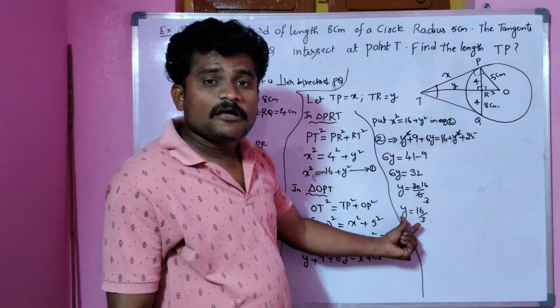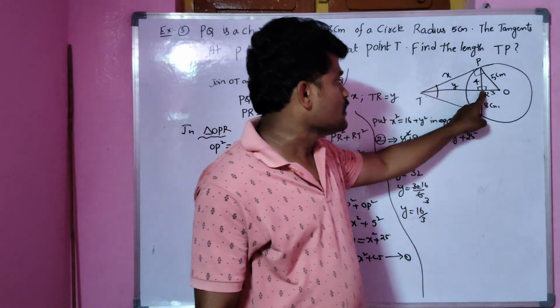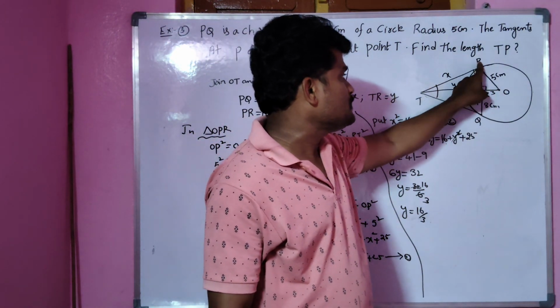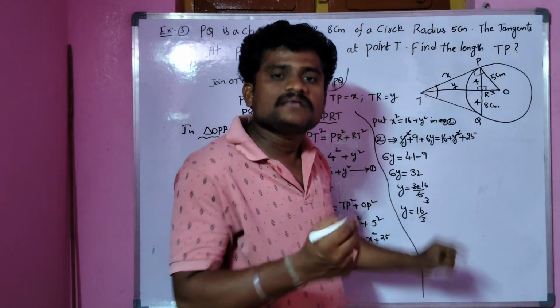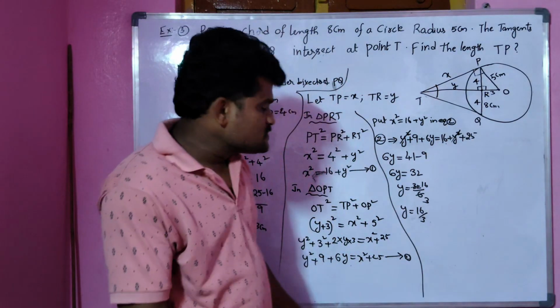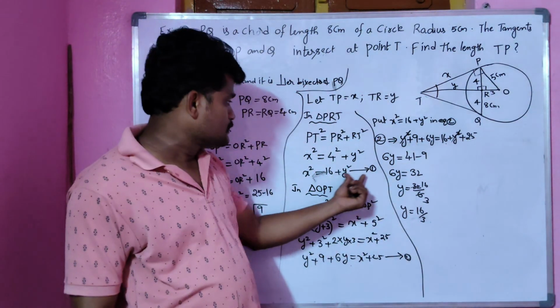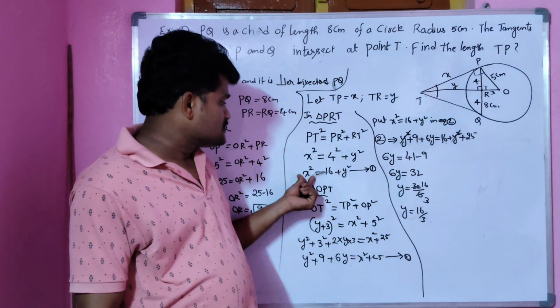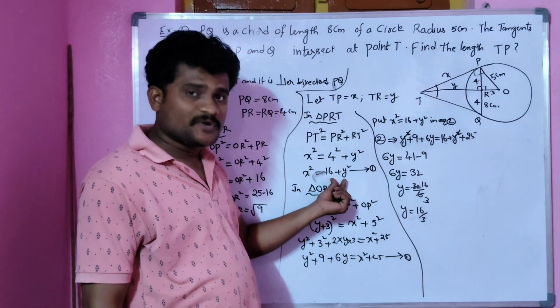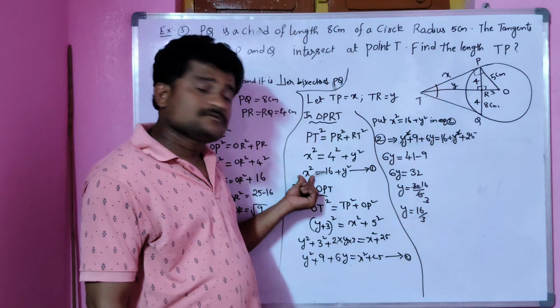What is the y value? Y value is TR value, but we need to find TP value. TP value means x value we need to find. So if you substitute this y value 16 by 3 in equation number 1, equation number 1 is x square is equal to 16 plus y square, then we will get the x value.